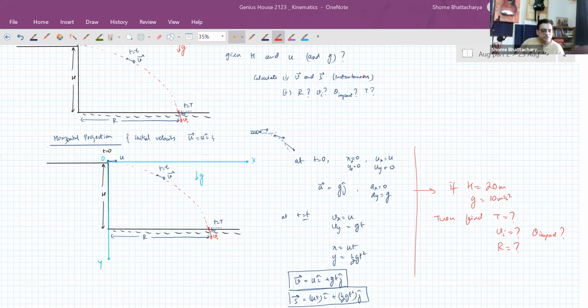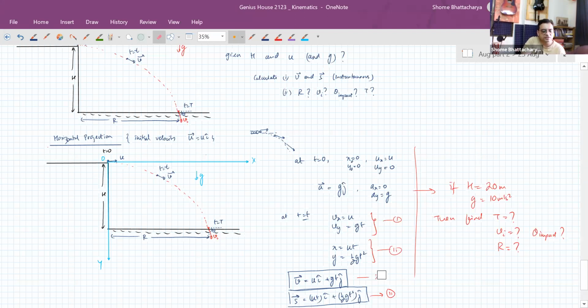Okay, so just note this method down for the instantaneous velocity and displacement, and then see how you will use these equations only. The equations can be written like this over here, like I've done above, in component form. This and this are velocity in component form, and this is displacement in component form.